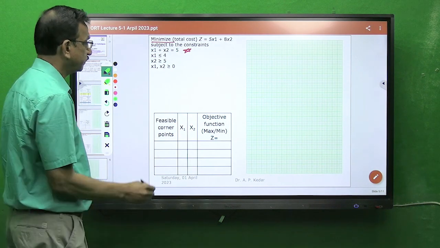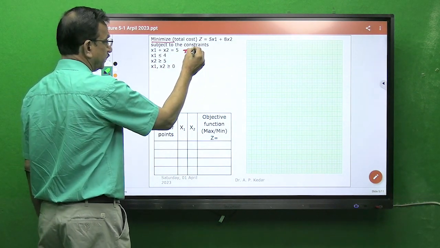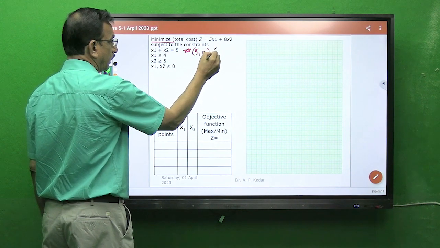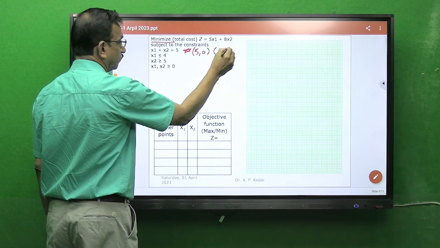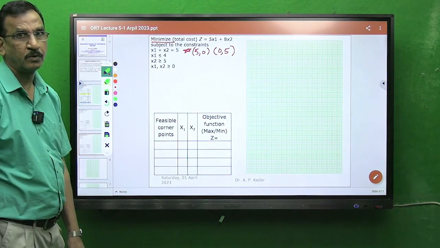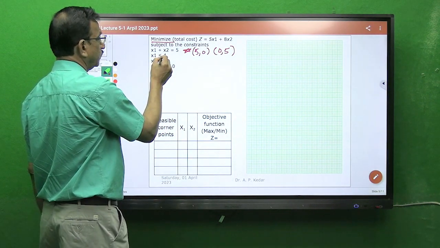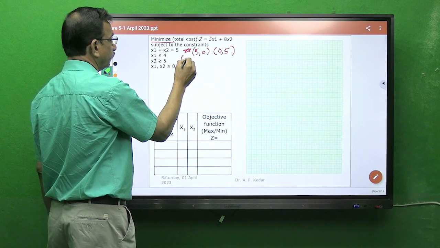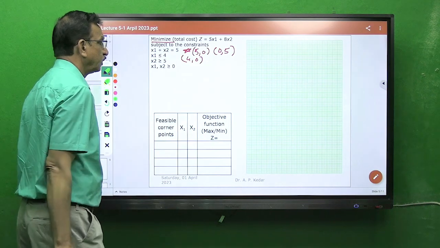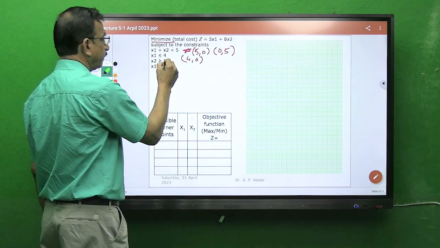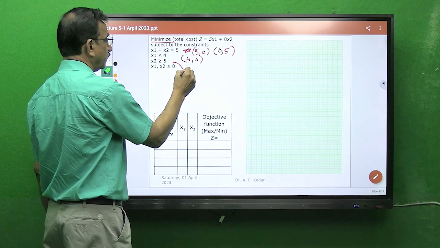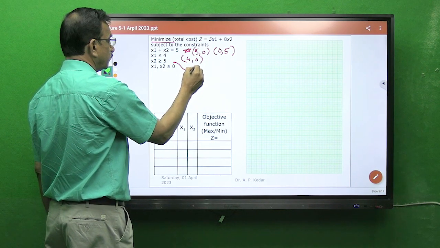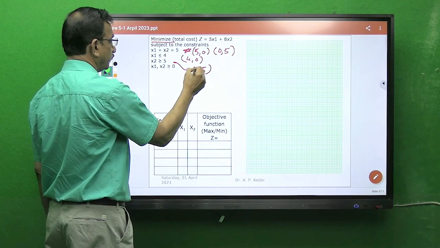How to draw these lines? For this we have studied many a times. So it will be 5, 0 and 0, 5. For this it is obvious that it will be 4, 0, and for this it will be 5, 0, 0, 5.